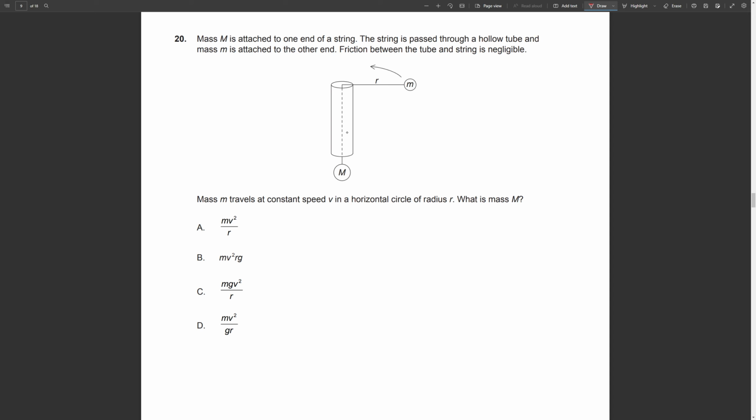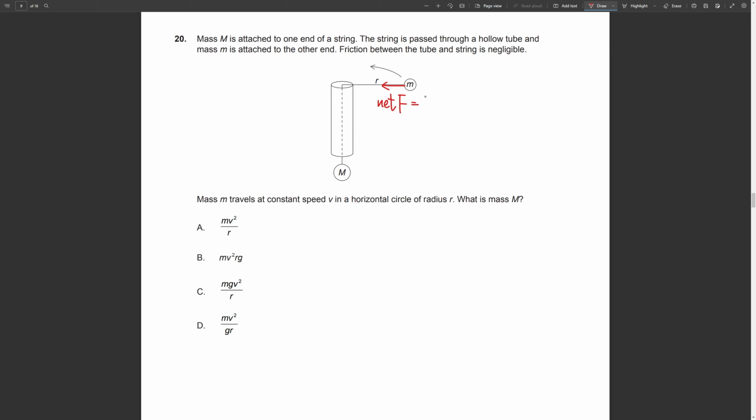Question 20 is about circular motion. Here we have a small mass m attached to a string which moves around the straw. This small m is experiencing a net force going to the center. This net force provides the centripetal force to maintain its motion.